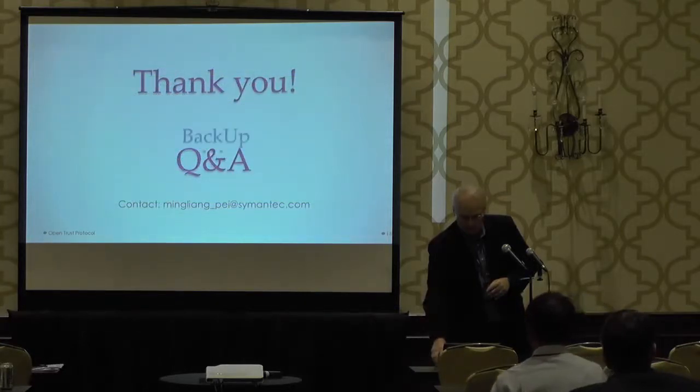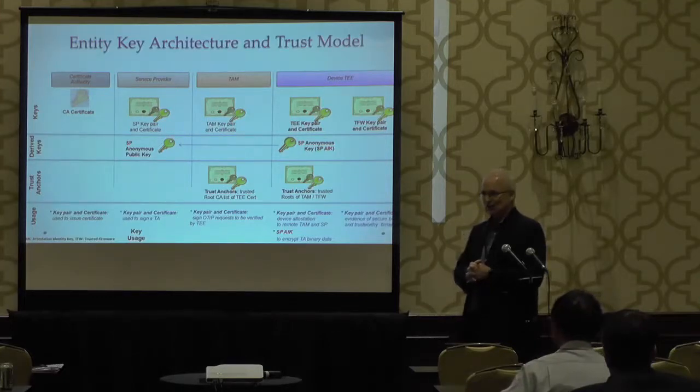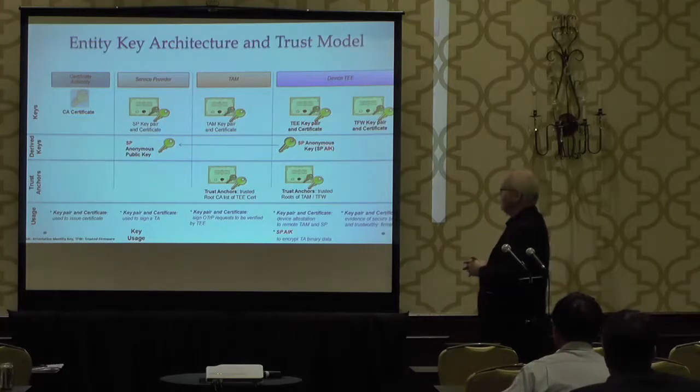So, I will put up the slides that answer your questions on the architecture of keys. Keys are generated by the certificate authority. The service provider will have its key pair and certificate. The TAM will have a key pair and certificate. The device TEE will have two key pairs, one for the TEE and one for the trusted firmware.